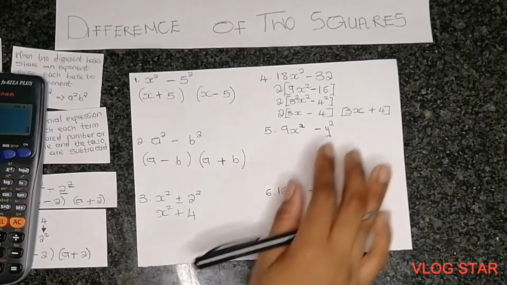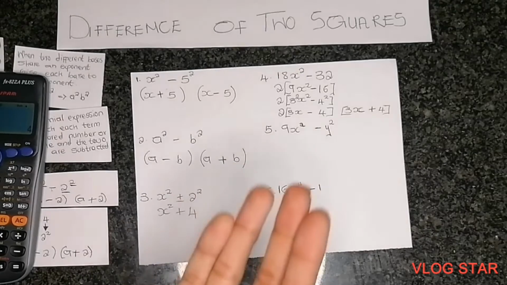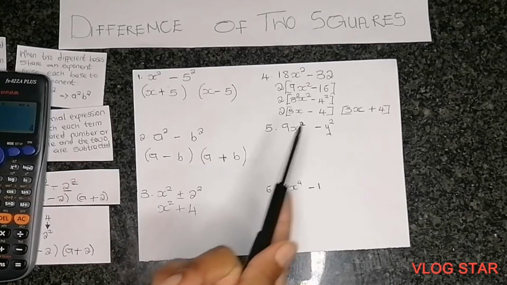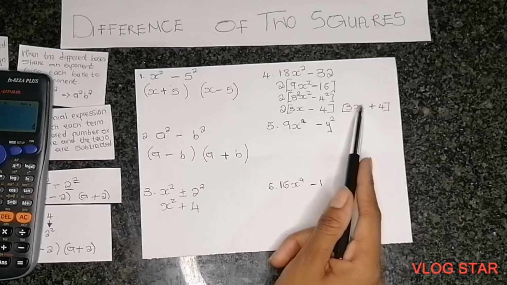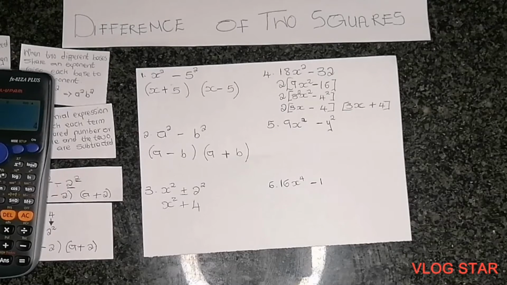So you can see that you have applied the method of difference of two squares. Without saying this is your final answer, you have to check first: can it be simplified further? No. Can it be simplified further? No. That's when you can say, okay, this is my final answer.